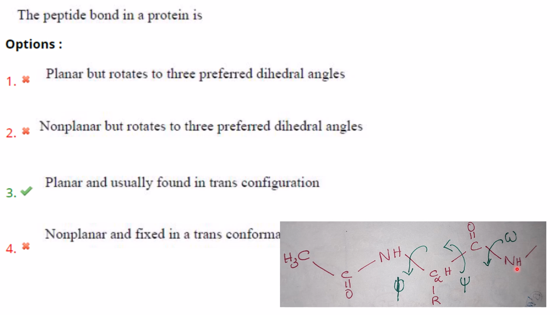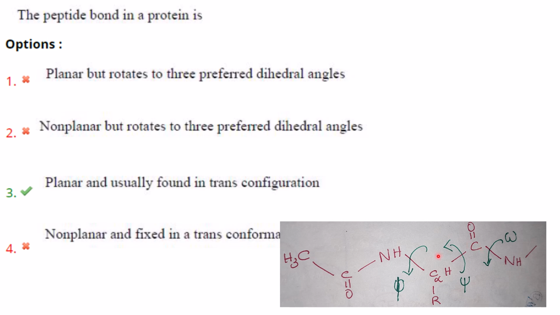And these CONH groups are always in the trans configuration. That means these R groups are on opposite sides of the peptide bond.